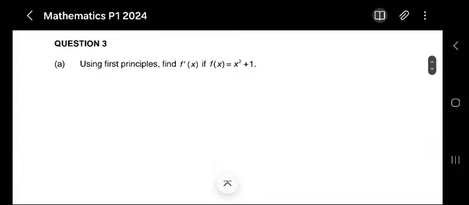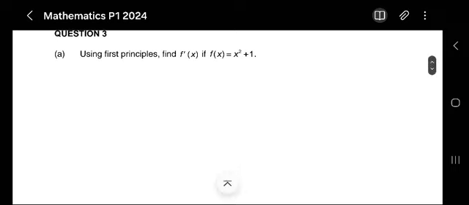Question 3, guys. Question 3 says A, using first principle, find f prime of x if f of x is equal to x squared plus 1. Remember, this is first principle, right?